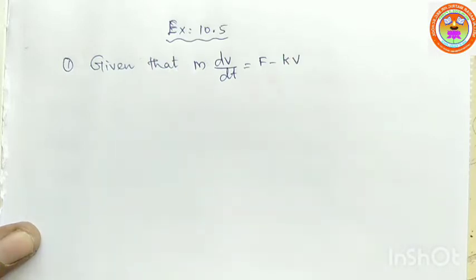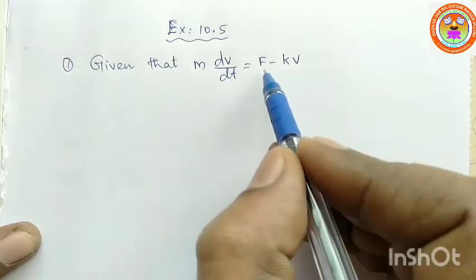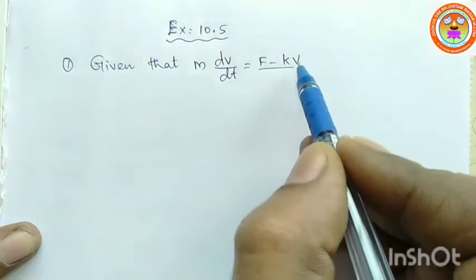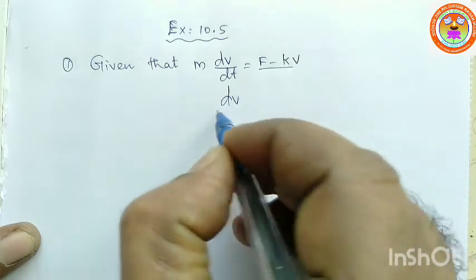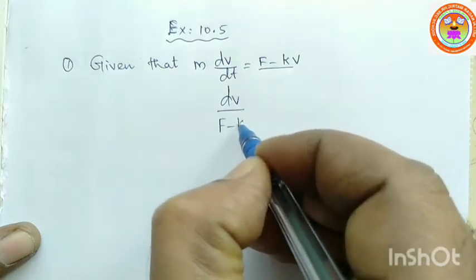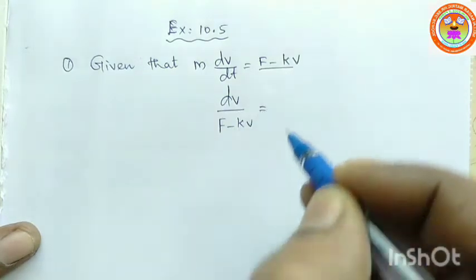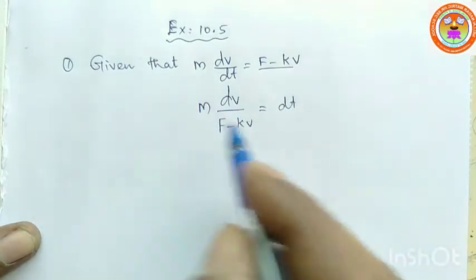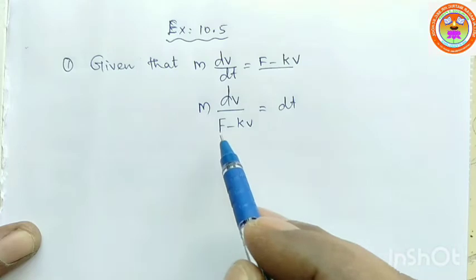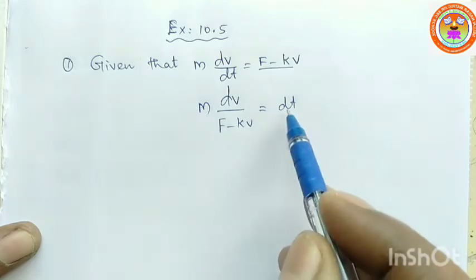So what we can do is bring the whole v term into the denominator. dv by F minus kv is equal to dt. Here we have m, so m into dv by F minus kv is equal to dt.